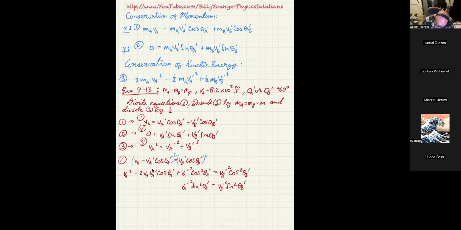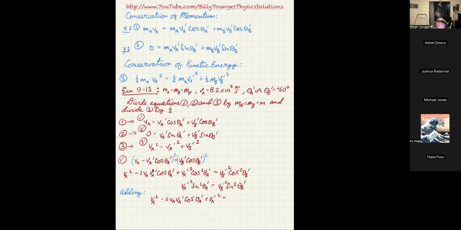So let's say adding, this is going to give me VA squared minus 2 VA VA prime cosine theta A prime plus VA prime squared.